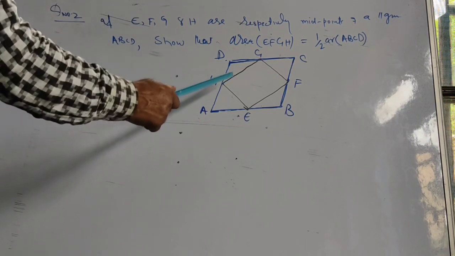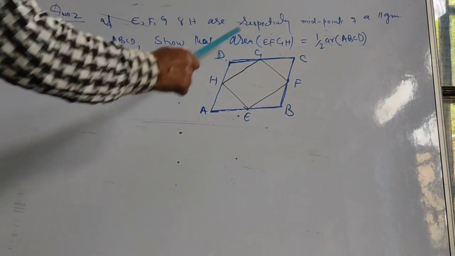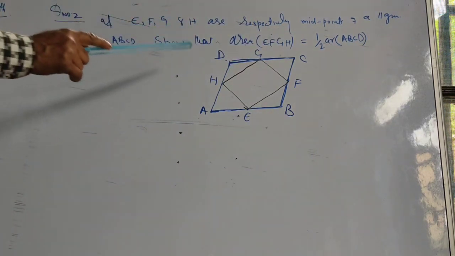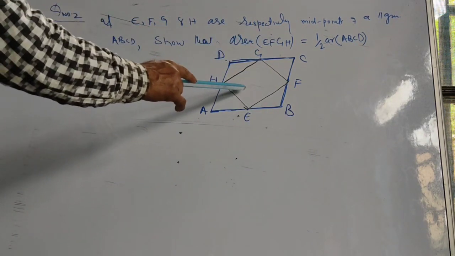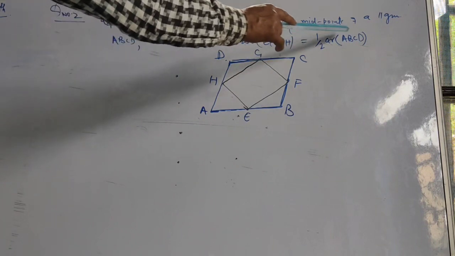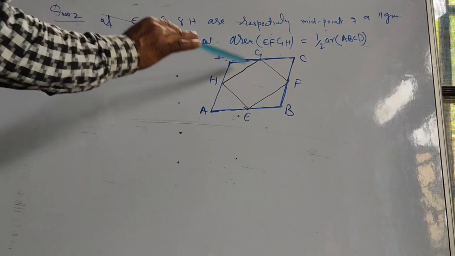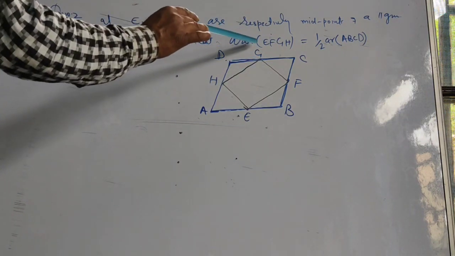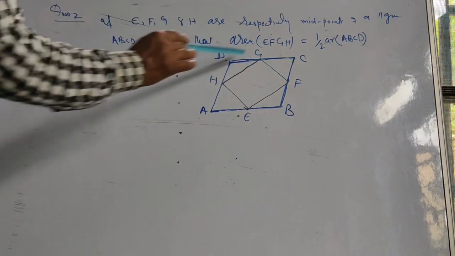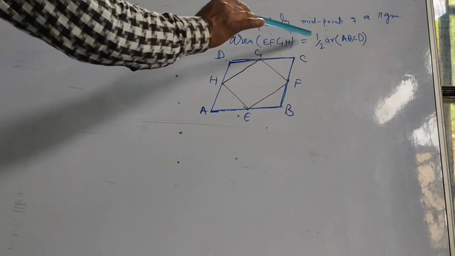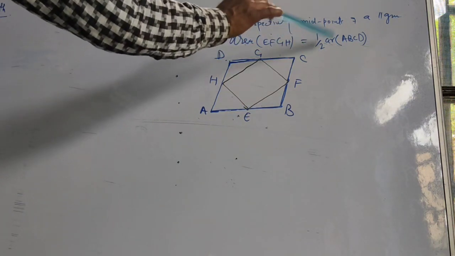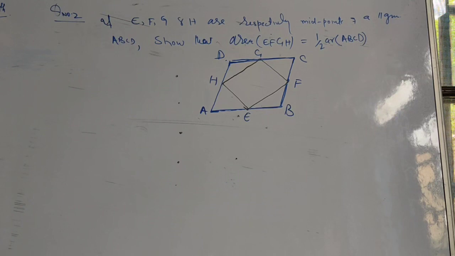You have to show that EFGH is also a parallelogram, and area of parallelogram EFGH is equal to 1/2 area ABCD. You have to prove that area of parallelogram EFGH is half of area of ABCD.